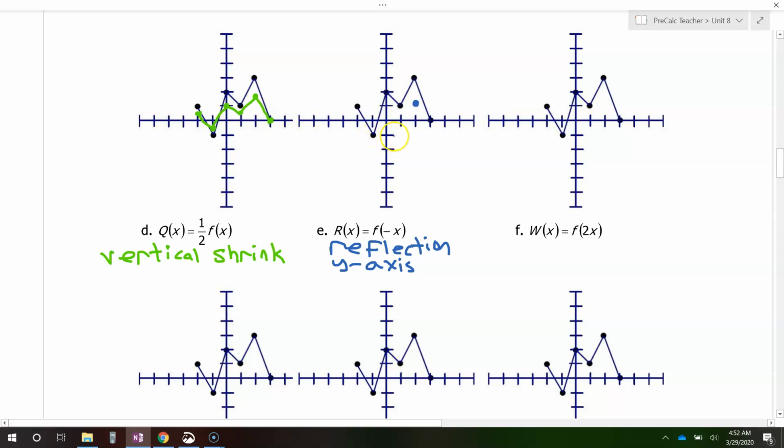This is 1 unit to the left, so I'm going to go 1 unit to the right. This point is on the y-axis, so it shouldn't move. This point is 1 to the right, so I'm going to go 1 to the left. This point is 2 to the right, so I'm going to go 2 to the left.